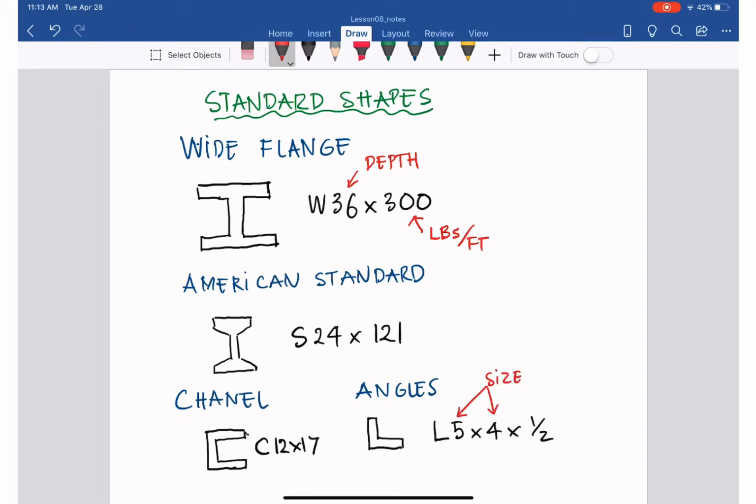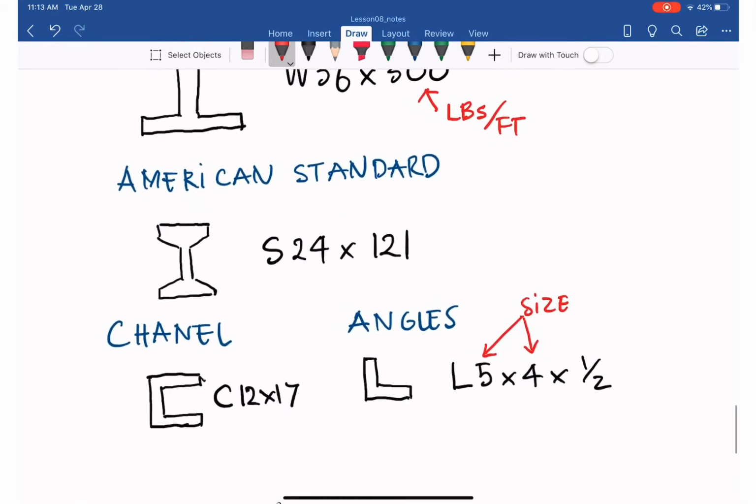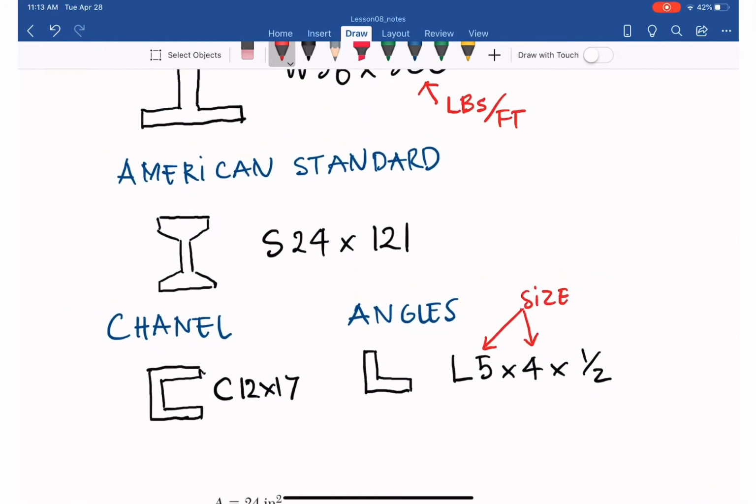Okay, so for example, the angle doesn't need to have the same sides, for example, here, these two sides, side 1 and side 2 are the first, right? For example, this is 5, this is 4, but it's nominal. It's not exactly the actual, not 5 or 4 inches.